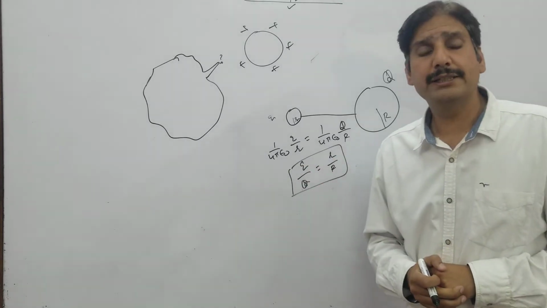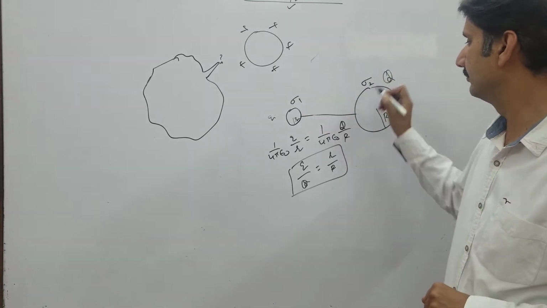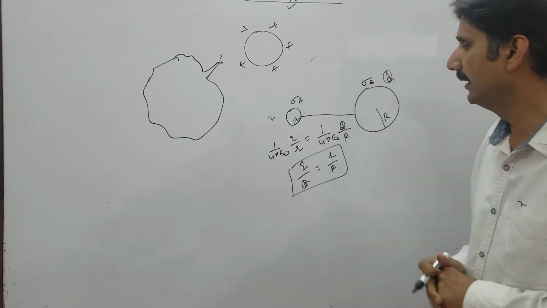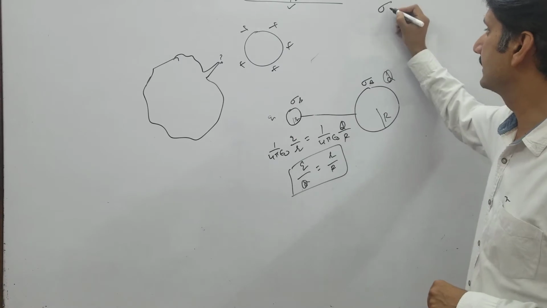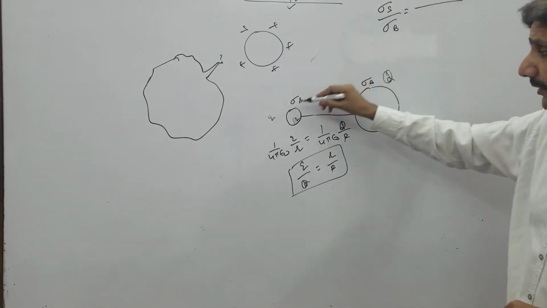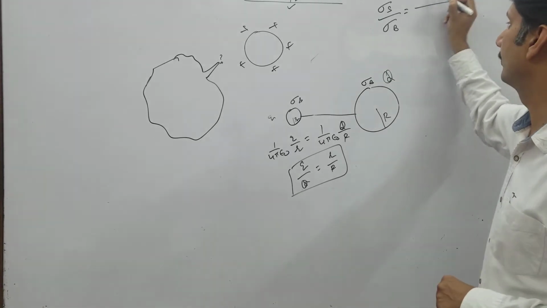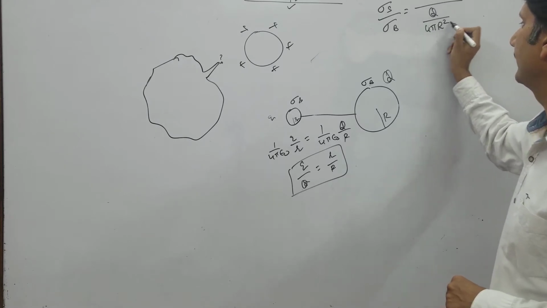Let's see what the surface charge density is. Let's say it is sigma 1 and sigma 2, or you may call it sigma small and sigma big. What will be the charge density on these two spheres? What about sigma small over sigma big? This will be the charge q divided by the surface area 4 pi r square, divided by capital Q divided by 4 pi capital R square.